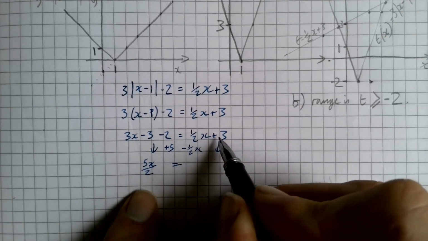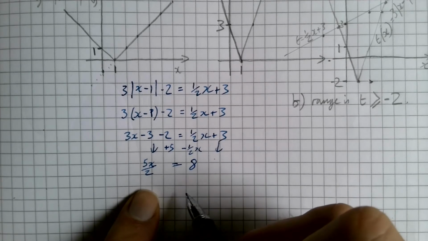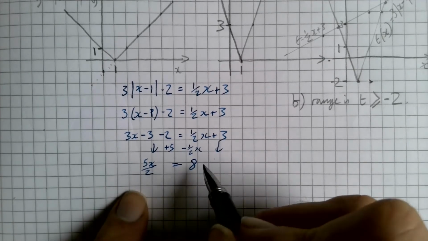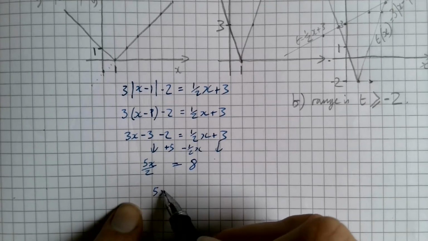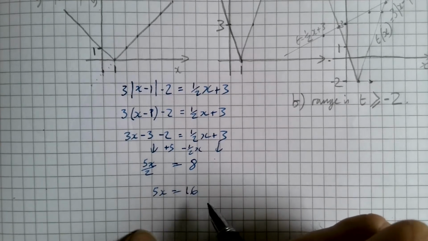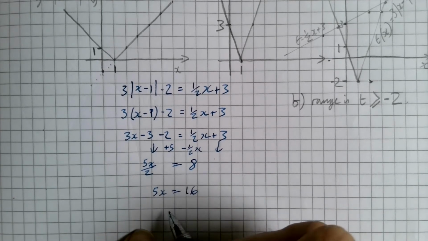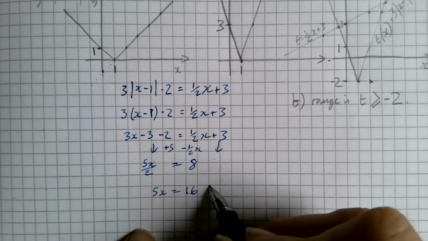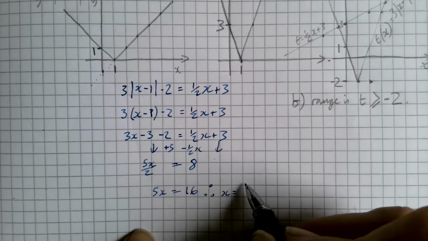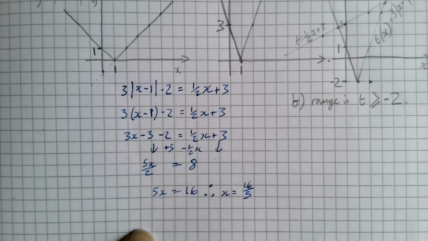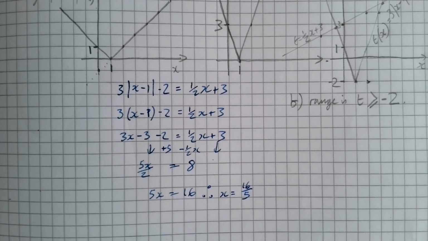And if I add 5 to this side, I get 8. So then if I double both sides, I get 5x is 16, and therefore divide by 5, my x is going to be 16 over 5, or 3 1/5 if you prefer.